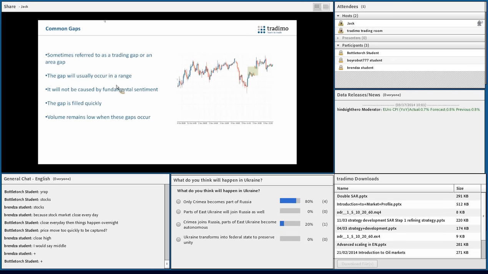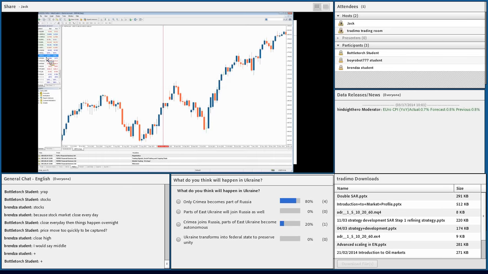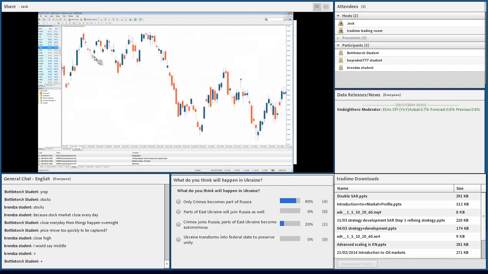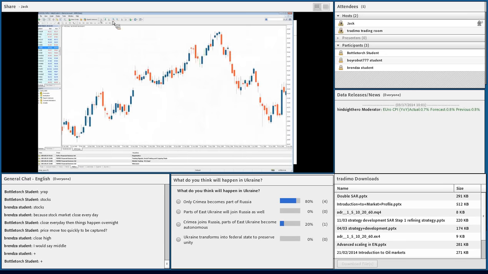What it generally does is it basically occurs for no reason. And there's a very common thing, okay? In stock markets, gaps occur all of the time, okay? And what we're going to do is we're going to have a little look at DuPont. Gaps occur all of the time because of illiquidity.